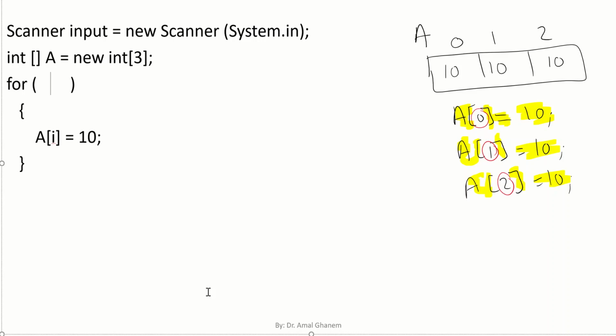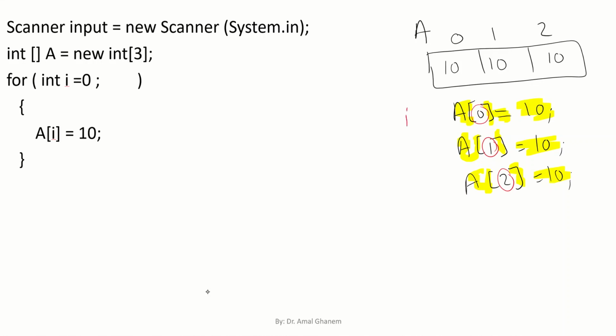That's why inside the for loop, I will declare integer I, and I need the initial value, the starting value, to be 0. So that's why I'm saying at the beginning, the value of I should be 0. Now, how can we move? I should be 0, and then 1, and then 2.